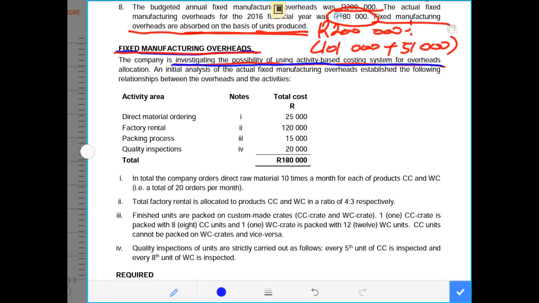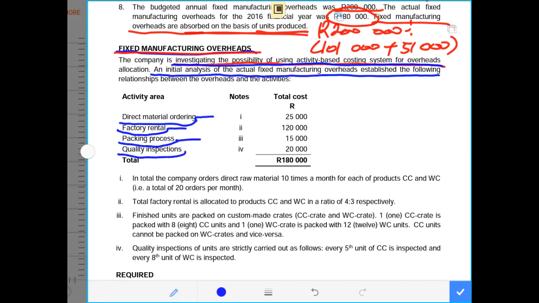So now this is where we have to go to. It says an initial analysis of the actual fixed manufacturing overheads established the following relationships between the overheads and the activities. So we have direct material ordering, factory rent, packaging process, and quality inspection, which is split up to a total of 180,000.